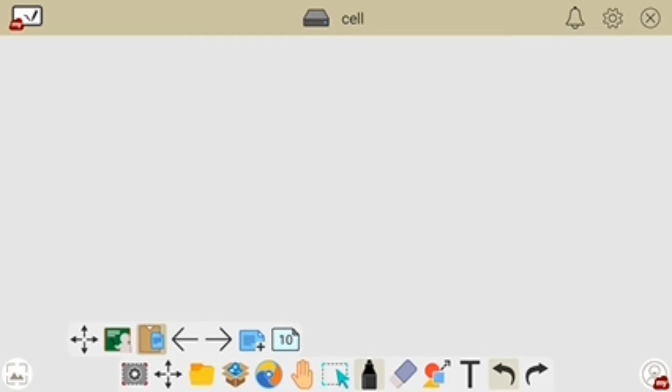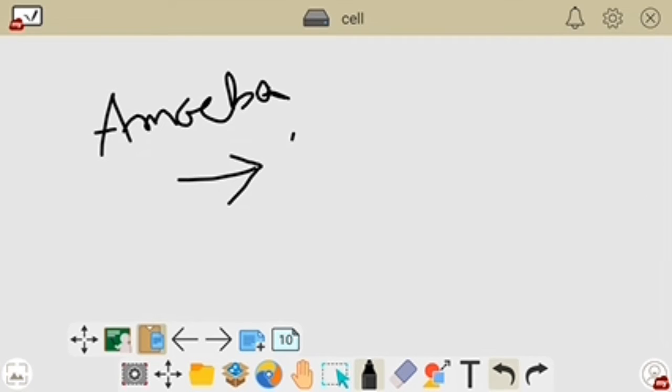Amoeba is a very tiny animal which has only one cell, but it can perform all the life functions like digestion and respiration. It can take food, it can respond, and reproduction can take place through the amoeba.